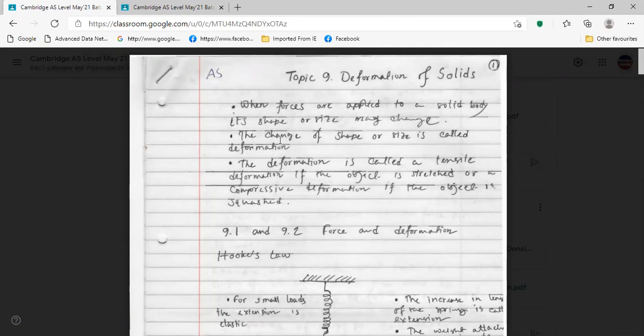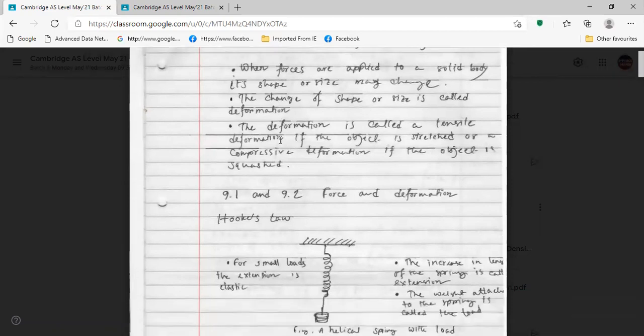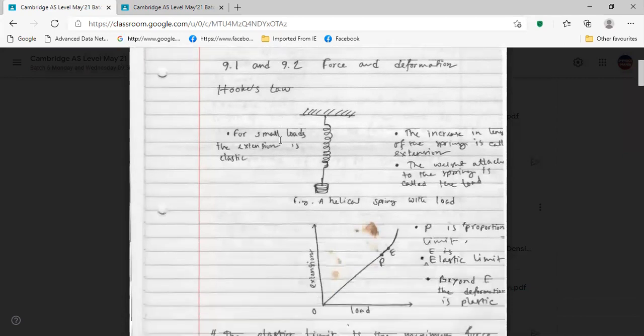Have you written the first 2 bullet points? Yes, sir. Two are done, sir.